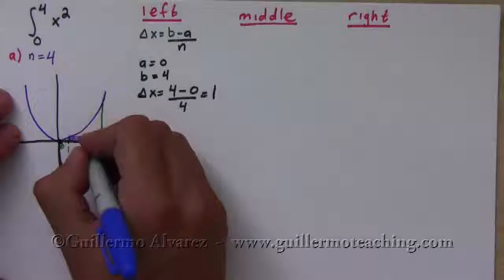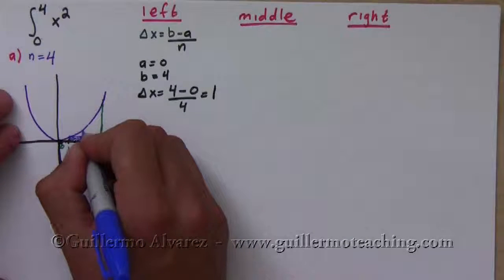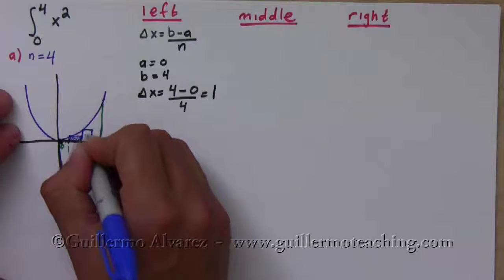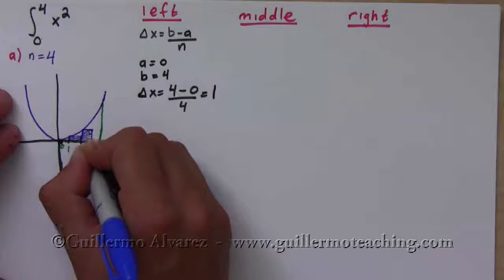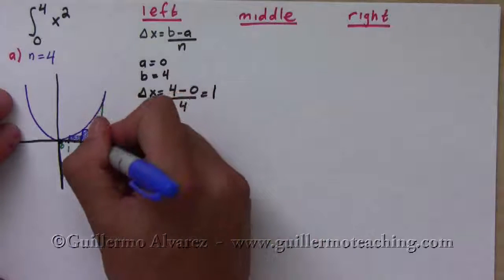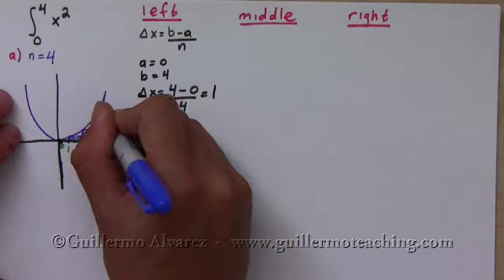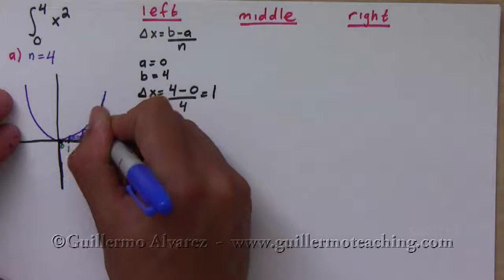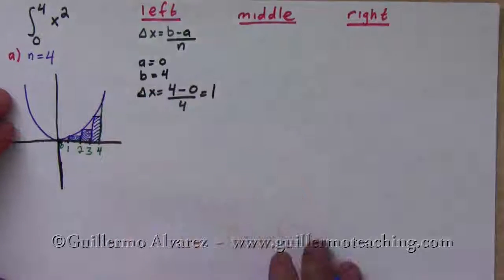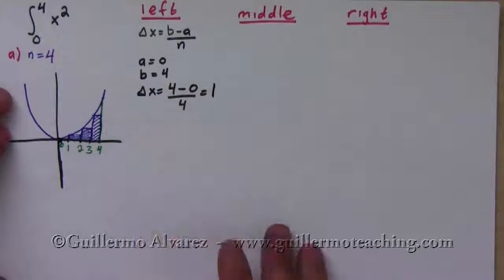Then my next value is going to be 2. I'm going to find the value of the function there, and that's going to give me the area of the next rectangle. And then I'm going to go up at 3, and that's going to give me the area of my very last rectangle.